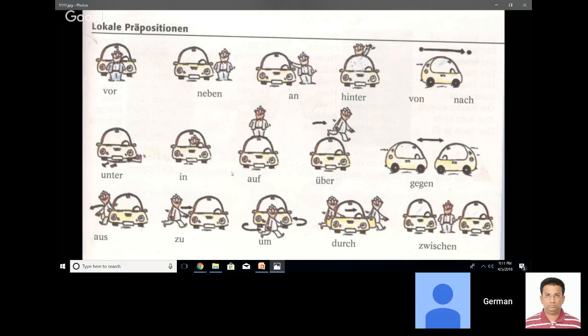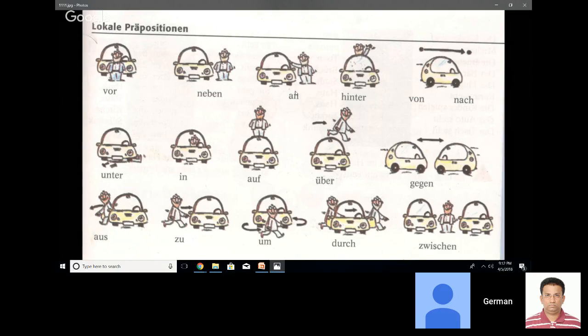Auf is on. Now, an was also on, but an meant vertically. Over here, he's leaning vertically, and in auf, the person is horizontally on the car. That's why the preposition is auf, and this is the difference between an and auf.